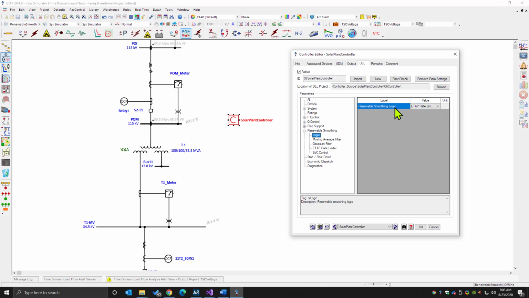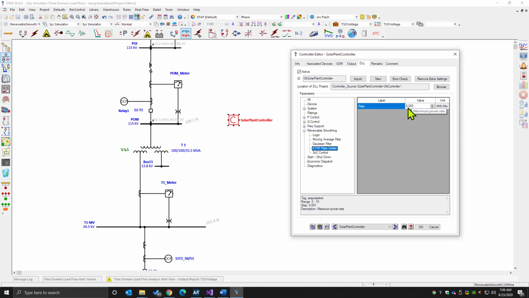You can of course replace this with your own logic, but the ETAP rate limiter logic includes multiple methods of doing renewable smoothing, including moving average filter, where you can define the filter length, and it also features an advanced Gaussian filter that allows for multi-objective renewable smoothing, so that you can not only do the renewable smoothing second by second, but you can also do adjustments in the commanded output together with the renewable smoothing, which makes it more complex. But the Gaussian filter gives us that capability to do so.